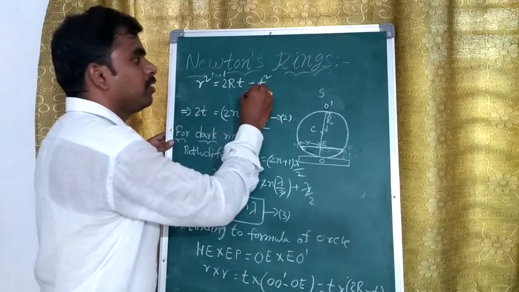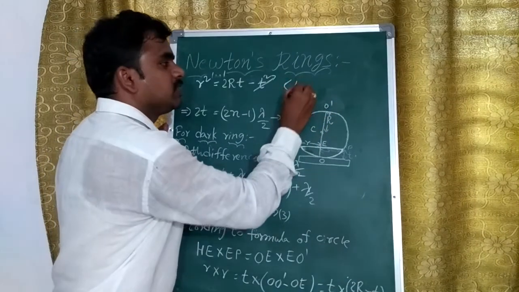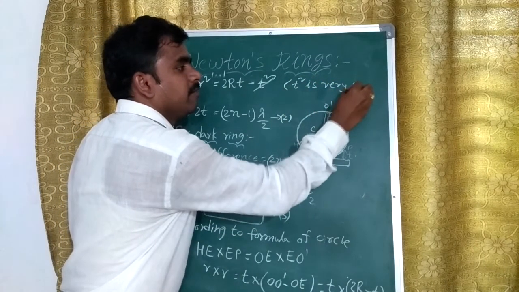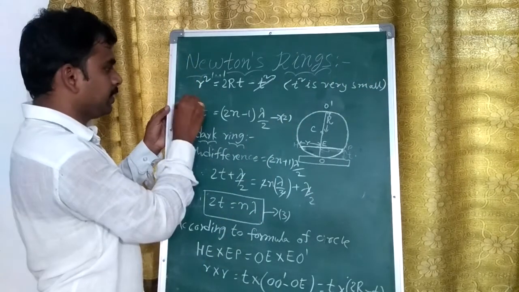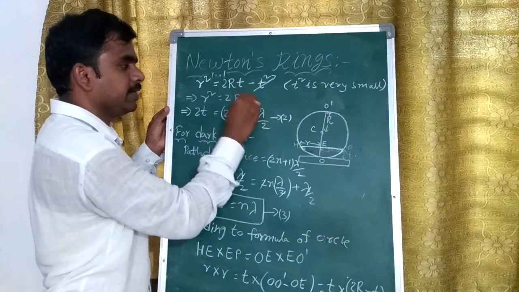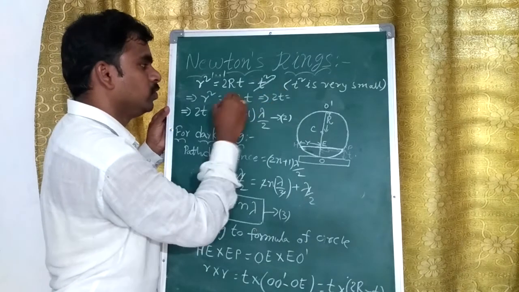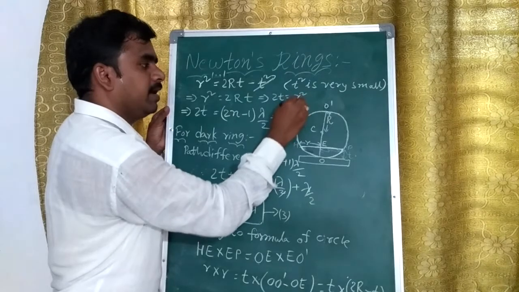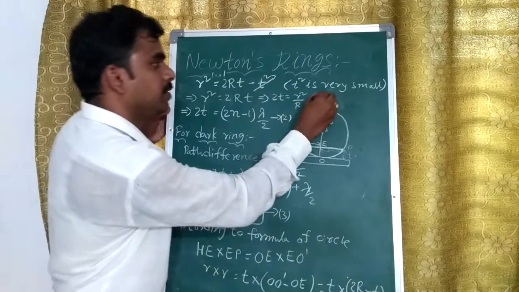That's why we neglect T square. That implies R square equals 2RT. That implies 2T equals R square by R. This is called equation number 4.